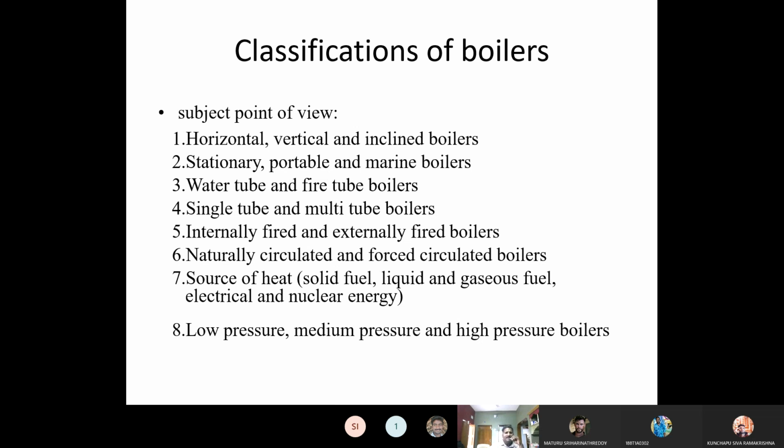And lastly, according to pressure, they are classified into the following types: low pressure, medium pressure, high pressure. After high pressure, we can also list two types: critical pressure boilers and supercritical pressure boilers. Okay, this is the information regarding the classification of boilers.